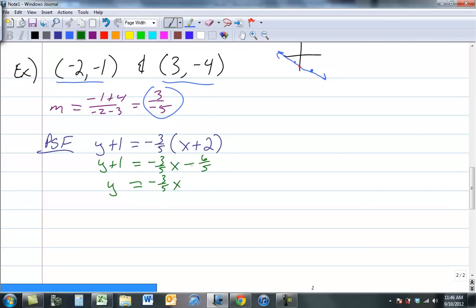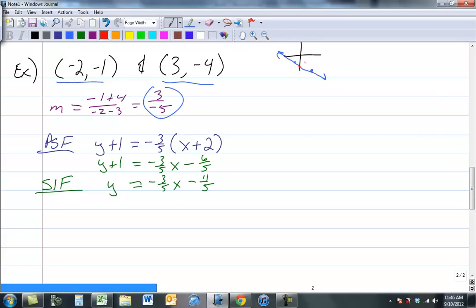What is -6/5 minus 1? So that'd be minus 5/5. So you should get -3/5 x minus 11/5. Y is by itself, so that is mathematically slope-intercept form. All right, so slope-intercept form is y equals -3/5 x minus 11/5.